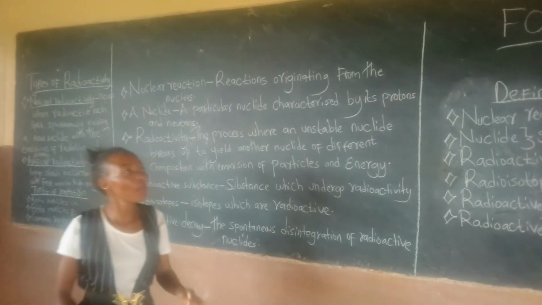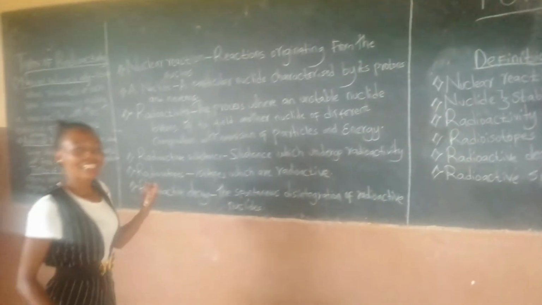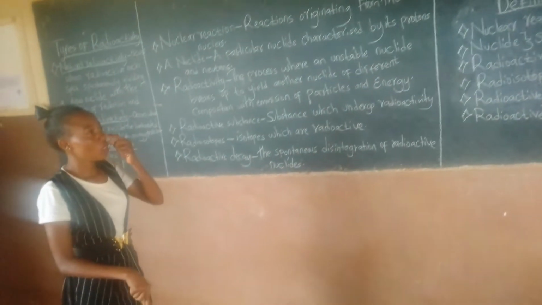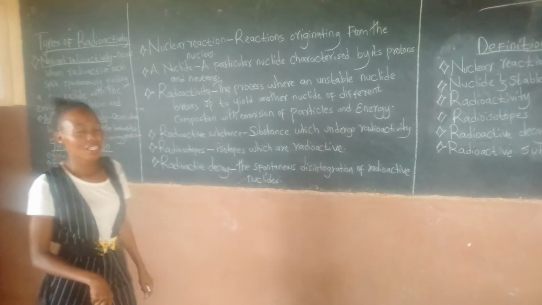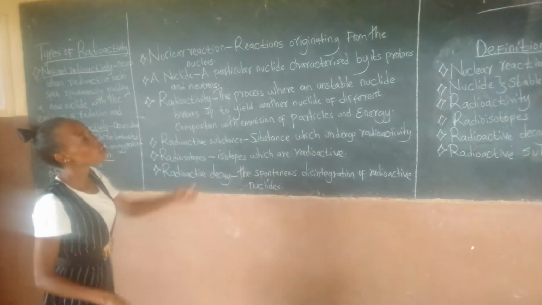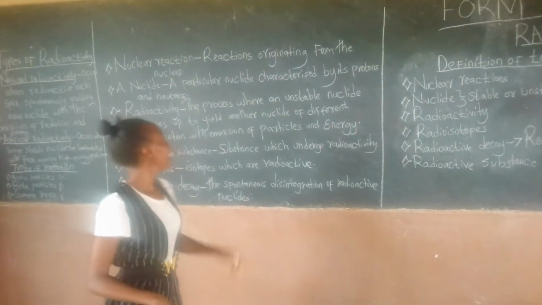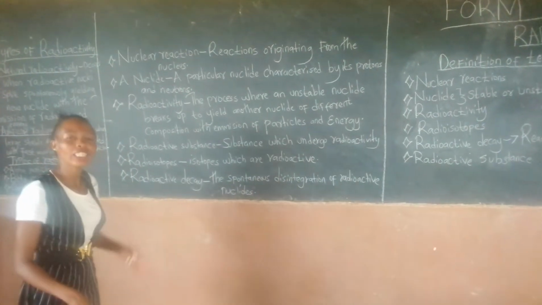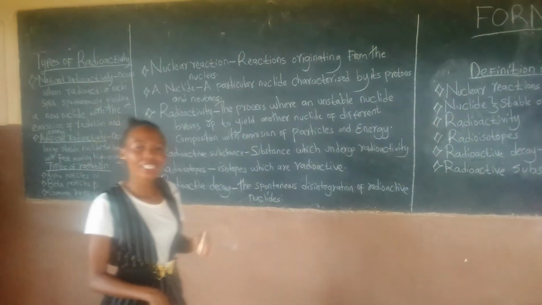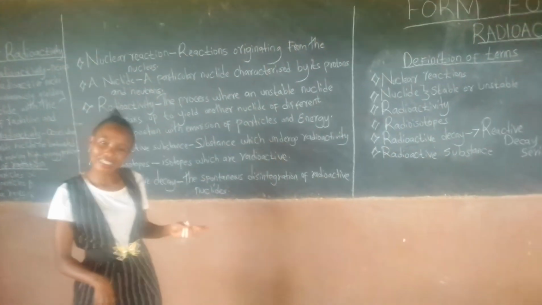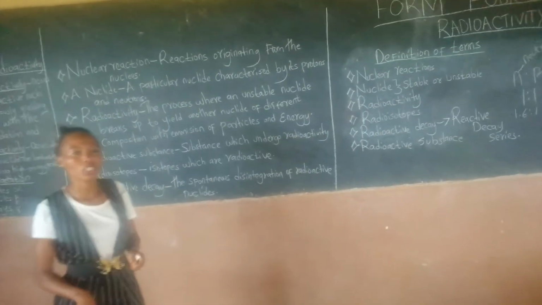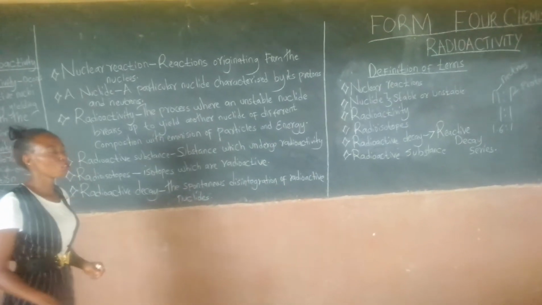Most radioactivity equations will be revolving around the nucleus. So we shall see that radioactivity is a nuclear reaction and not a chemical reaction. We shall see that in the course of the topic.